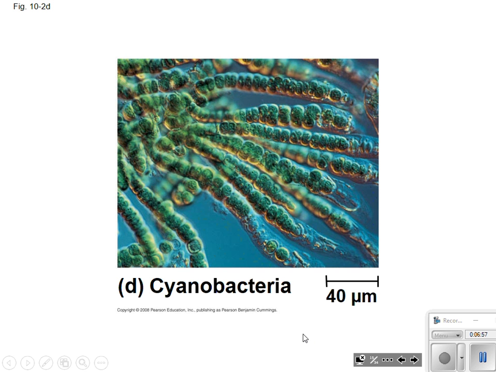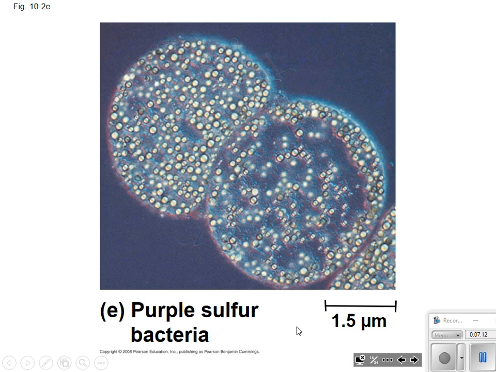Look how small they are. This right here is 40 micrometers. That's pretty doggone small, the scale of that picture. So that cyanobacteria is really small. Here's some purple sulfur bacteria that photosynthesize.